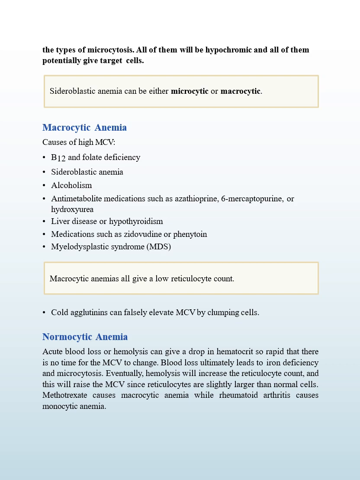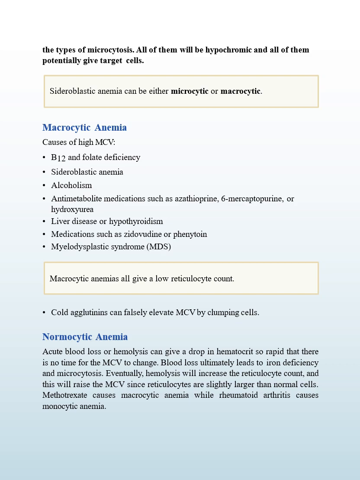Number 5, this is liver disease or hypothyroidism. Number 7, some medications like zidovudine or phenytoin can cause this type of anemia. And the last one, number 8, MDS or myelodysplastic syndrome.